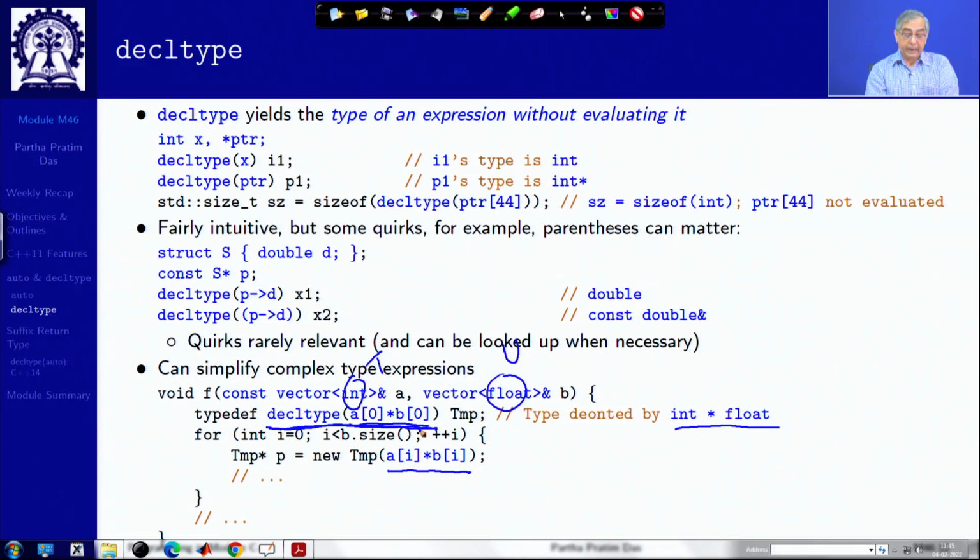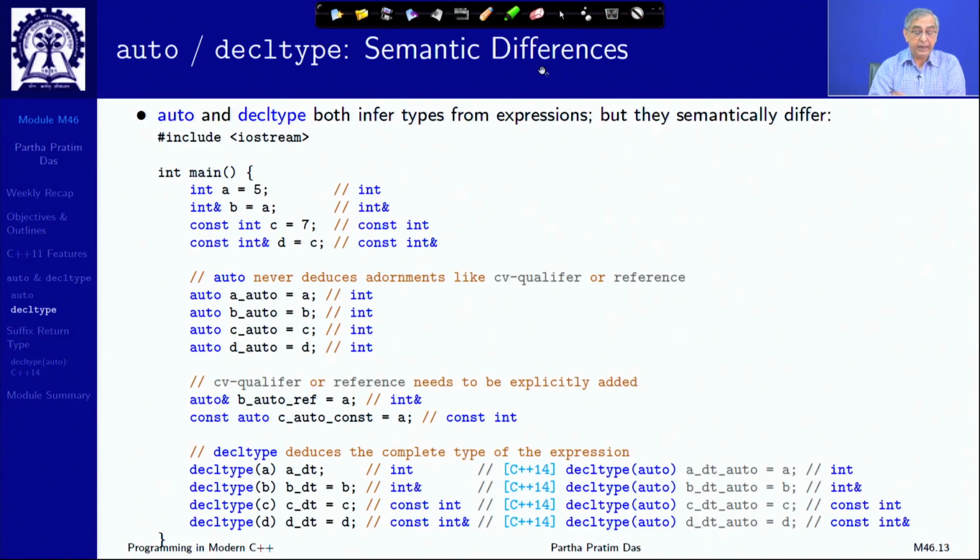Mind you, we are not doing any evaluation. The difference with auto is that auto needs a specific variable for which it is finding the type, but here you are just taking the expression and finding a type without associating it with any variable, and that comes in pretty handy.